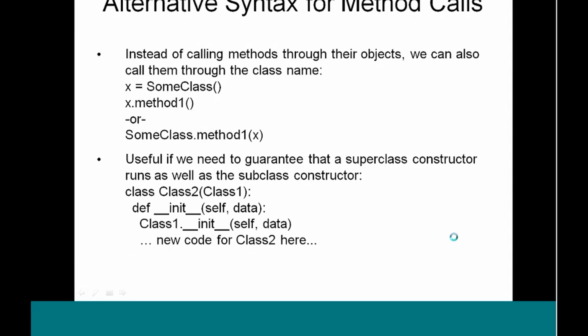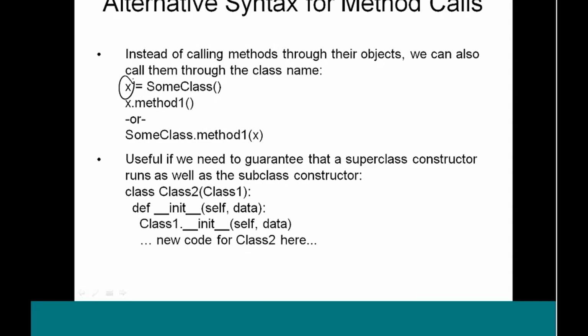So we saw some of the methods. Let's now explore some of the alternative syntax for method calls. Instead of calling the methods through their objects, we can also call them through their class name. Here is an example.